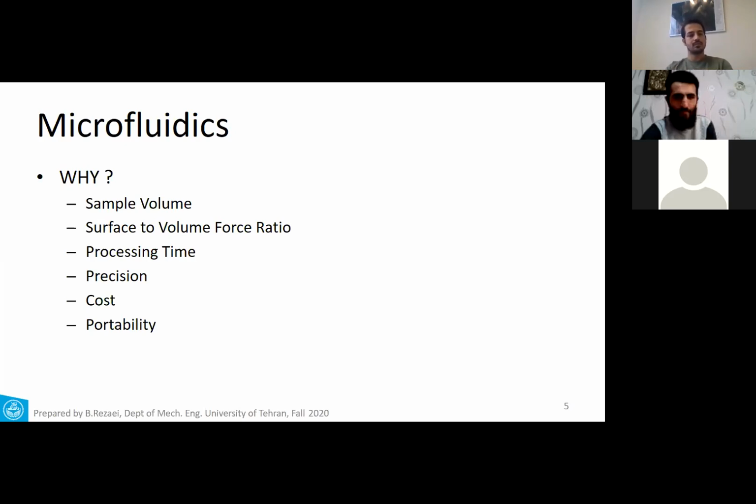It has been seen in many cases that its precision is better. It is also simpler and smaller, so it needs less cost for fabrication, and because it is small, it can be portable. So microfluidics is a good platform to do cell manipulation, cell separation, and this sort of thing.